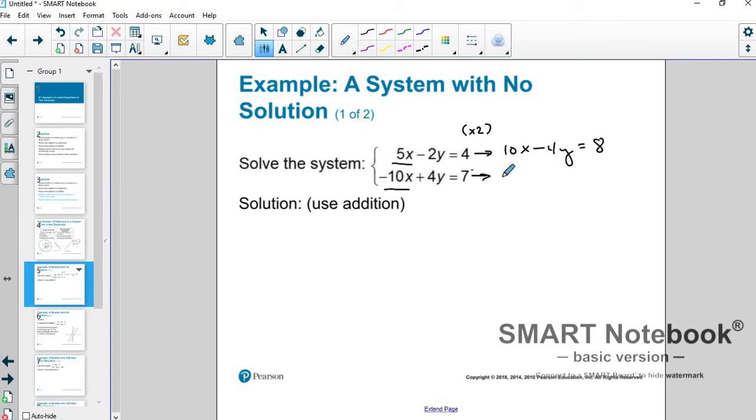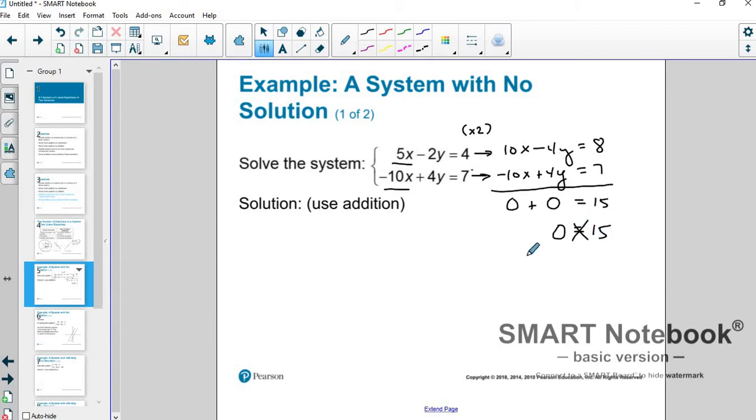And we just bring this one over the way that it is, negative 10x plus 4y equals 7. Now, we were getting rid of the x's, 10x minus 10x is 0x, but look what happened to the y's, negative 4y and positive 4y is also 0. 8 plus 7 is 15. So you get the number 0 equals 15.